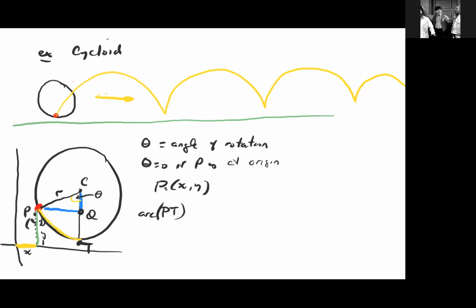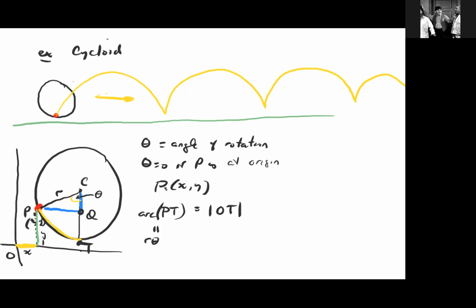The length of an arc is given by the radius times the central angle, so that would be r theta. And that's the same thing as the distance from the origin to T, so the length of OT. So r theta is OT.